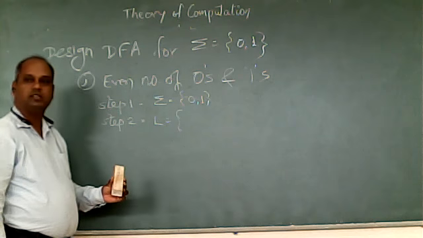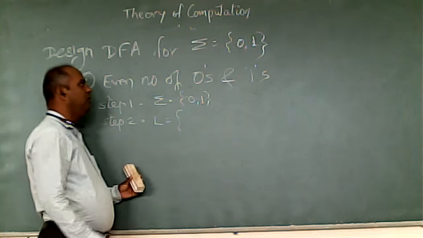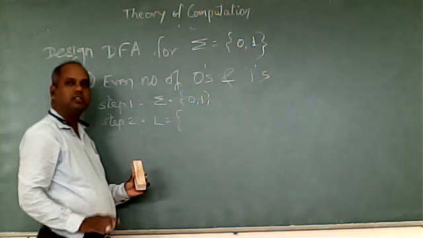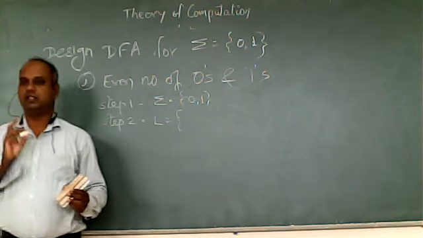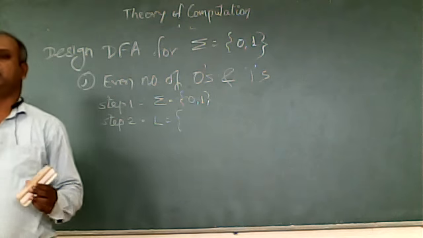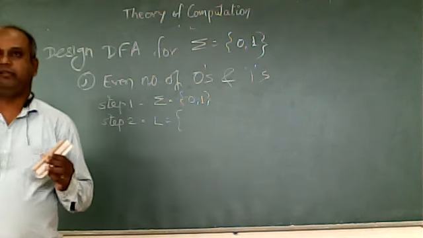Now here, even number of zeros and ones. If we think about it, the count of zeros and the count of ones in the string must be even.